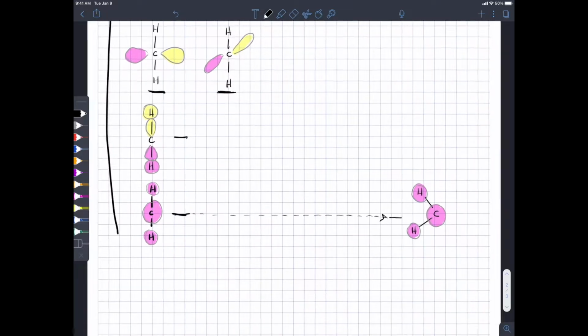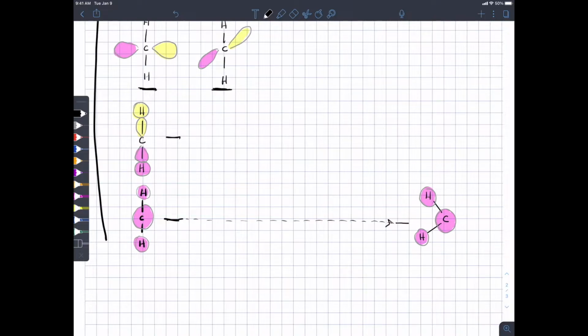Let's consider what happens to our next orbital. We still have the px orbital on carbon. We still have the 1s atomic orbitals on hydrogen, but we should have not as good overlap.